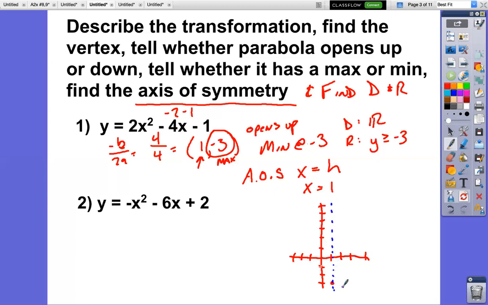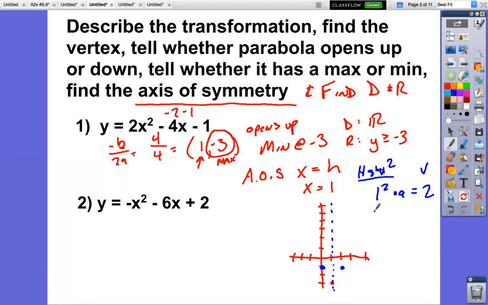If I take 1 horizontal step, what is 1 squared? 1. So H steps squared. So 1 squared is 1 times your A value. What's my A value here? 2. So 1 times 2 is 2. So that means 2 vertical steps. So 1 horizontal step, 2 vertical steps.